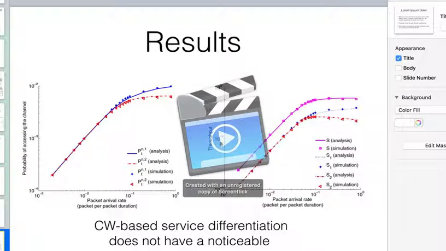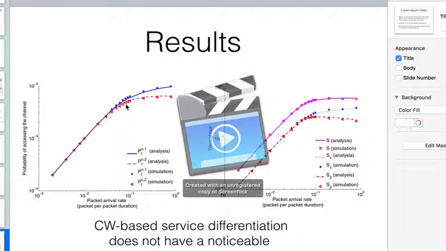These are the results: throughput, packet arrival rate, and probability of access of the channel, and the packet arrival rate. And according to these two results, we can see that there isn't any noticeable difference between the procedure of class 1 nodes and class 2 nodes, especially in these values.